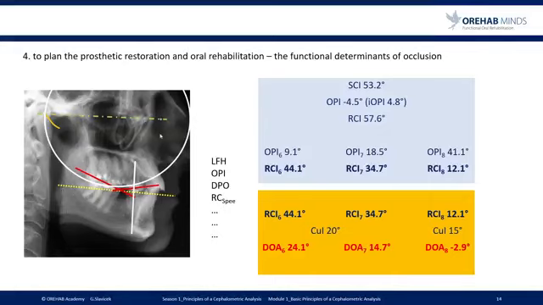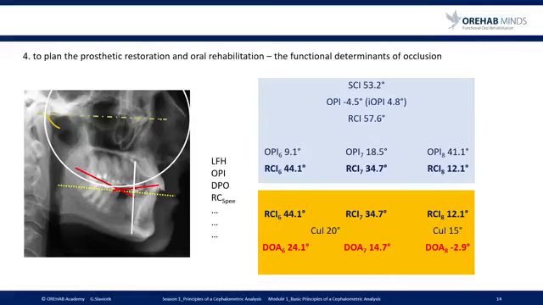So the Ceph is a gnathological tool. I know it was developed mainly for orthodontic purposes, but if we use it correctly, it's a wonderful tool in prosthetic and oral rehabilitation.